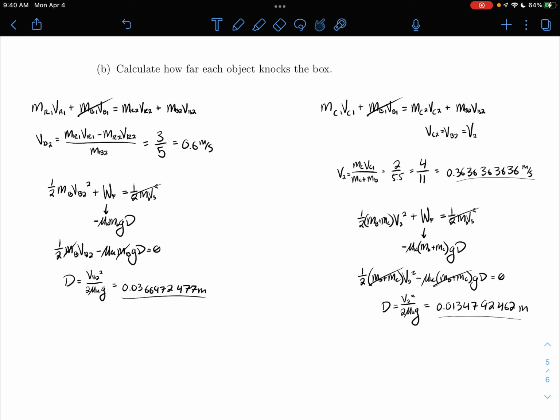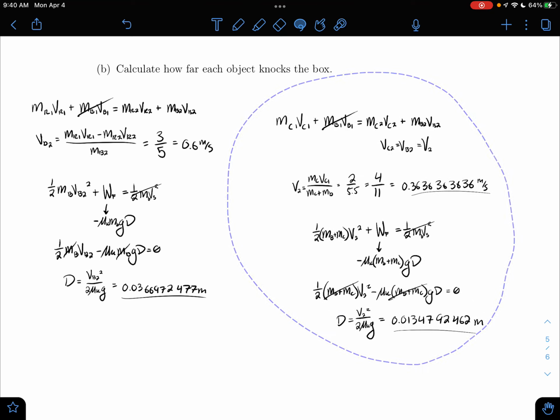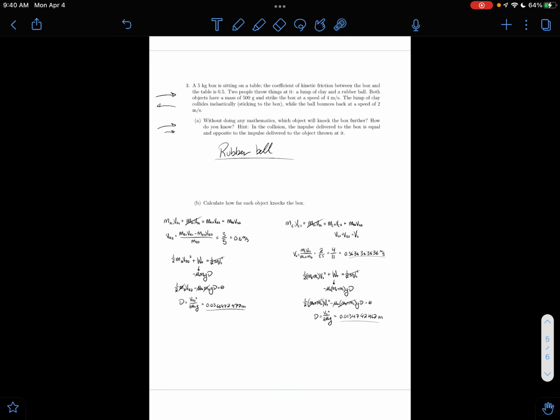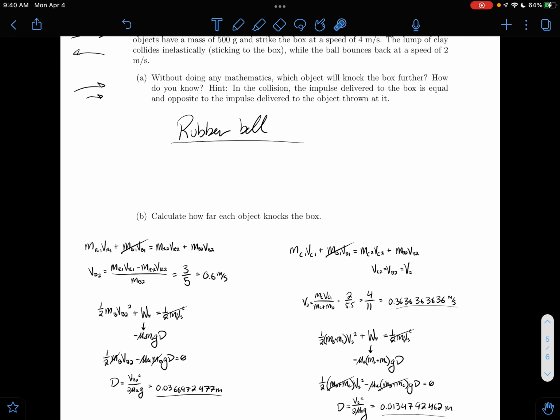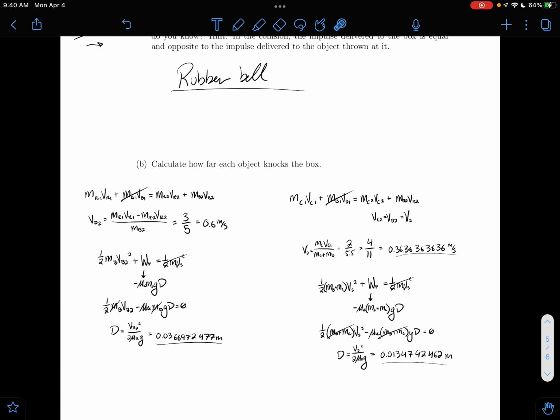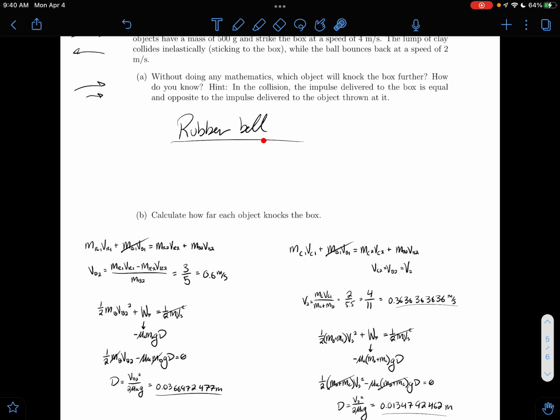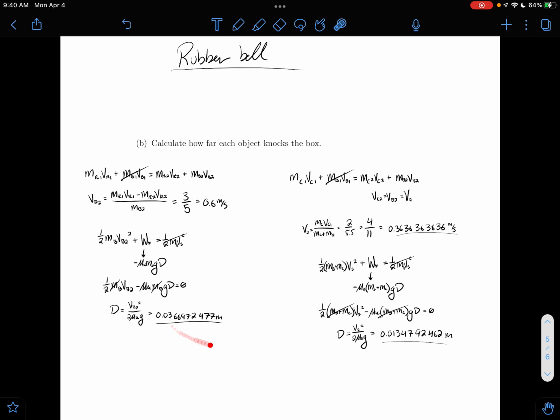It makes sense. It gives us the answer we were expecting, and it's almost like I knew what was going to happen. It's almost like I'm good at physics. But we proved our original hypothesis: the rubber ball would push it further because it had a greater change in momentum and a greater impulse delivered to the box. And we were right. Our rubber ball pushed it further.